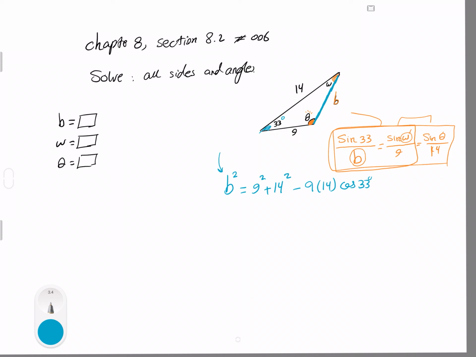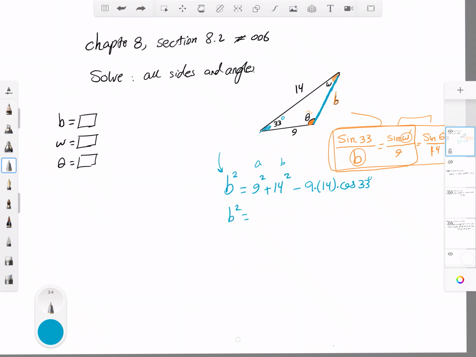So this is A, that's B. I just plugged it into the formula. After plugging this into the calculator, I get b approximately equal to 8.103. So we solved for b. So b is 8.103.